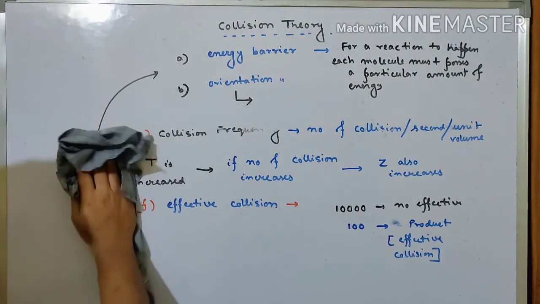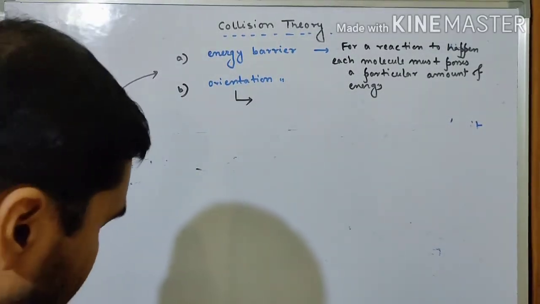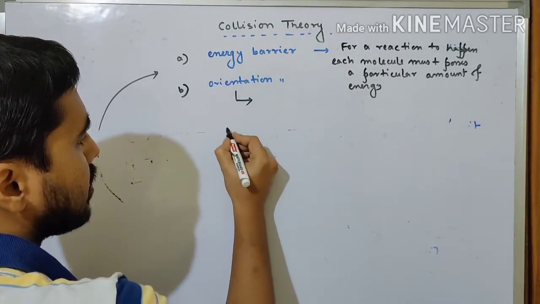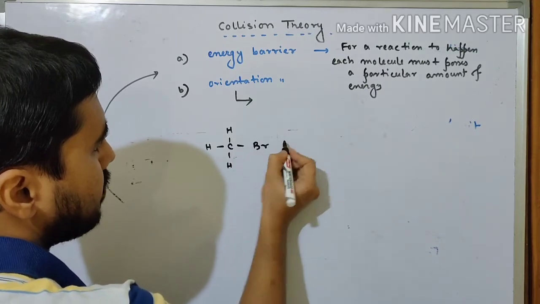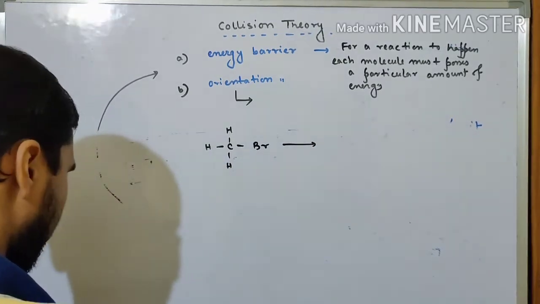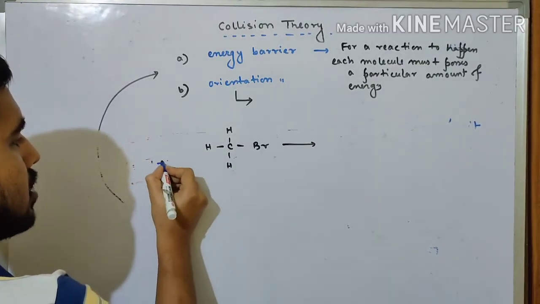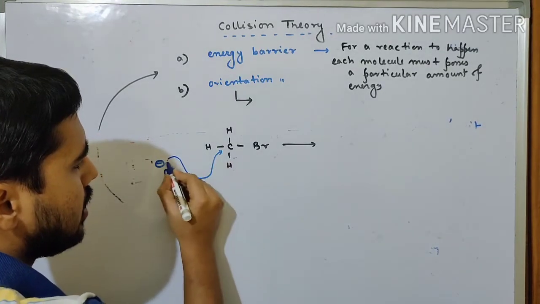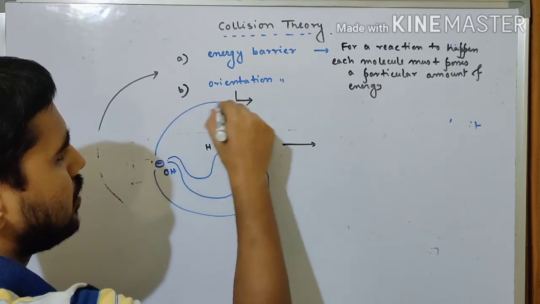For example, in order to understand the orientation barrier, a very good example is the SN2 reaction. Suppose we have this one, CH3Br. Now OH minus is coming. So there are various ways. It can come like this, it can come like this, it can come like this also.